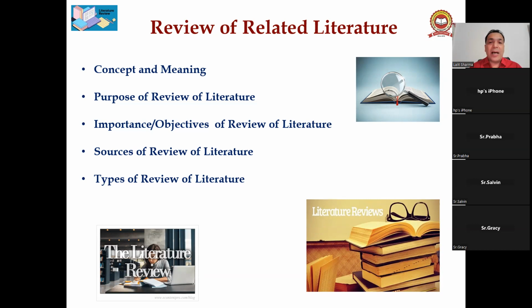Then the fourth topic would be the hypothesis. Then we'll discuss sampling, two types of sampling, probability and non-probability sampling, right? Then research tools. Then we'll talk about the descriptive statistics. Under the descriptive statistics, we'll talk about the measure of central tendency, measure of dispersion.